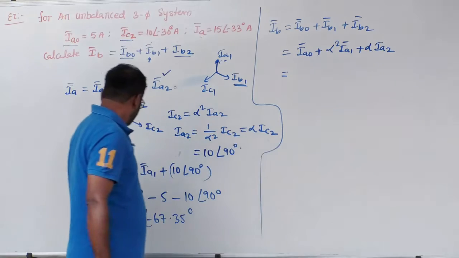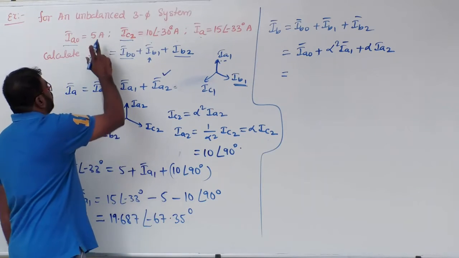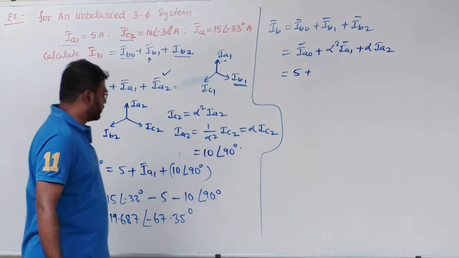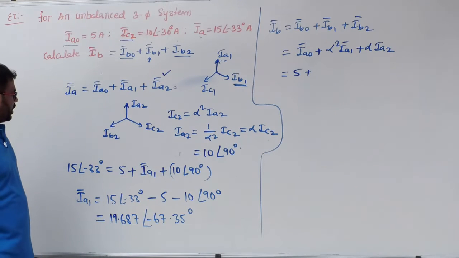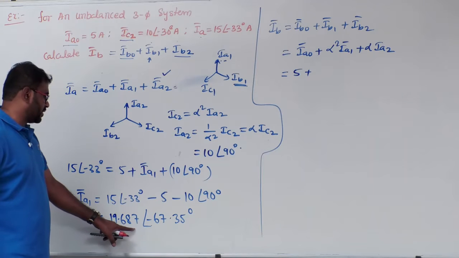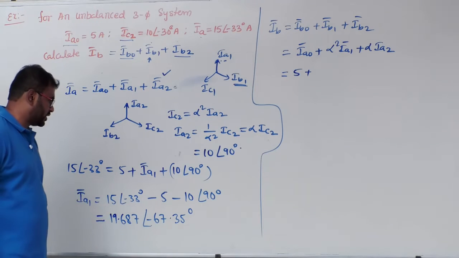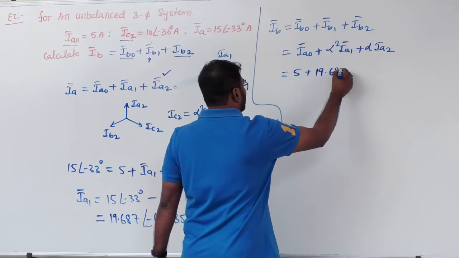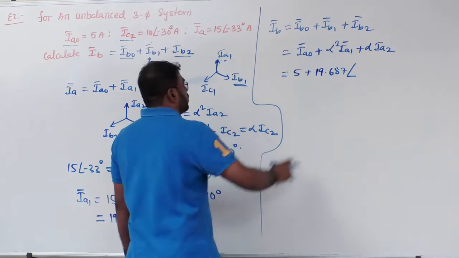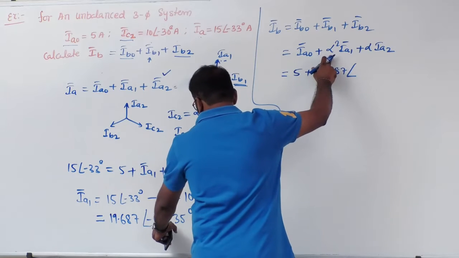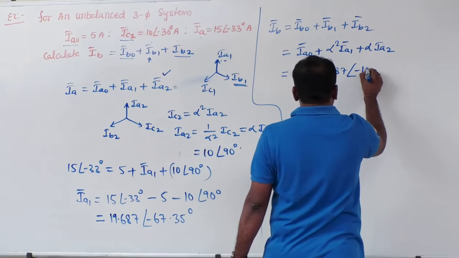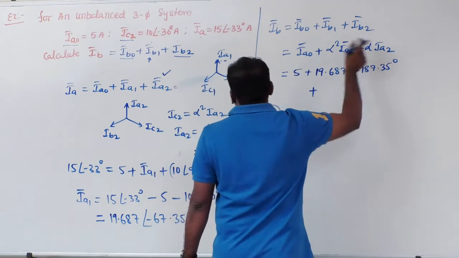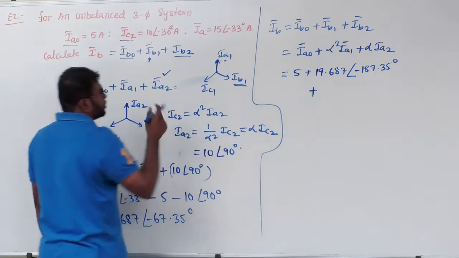So IA0, let's substitute 5 ampere directly. Alpha square is 1 at an angle minus 120. IA1 we got 19.687 at an angle minus 67.35, so the magnitude is the same, but the phase angle is minus 120 minus 67, so minus 187.35 degrees. Plus alpha, 1 at an angle plus 120, times IA2.